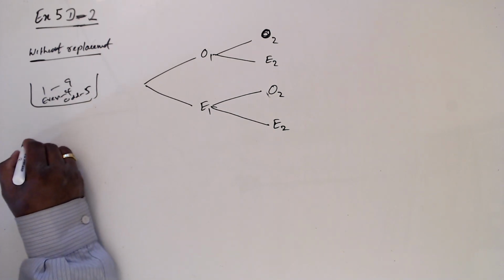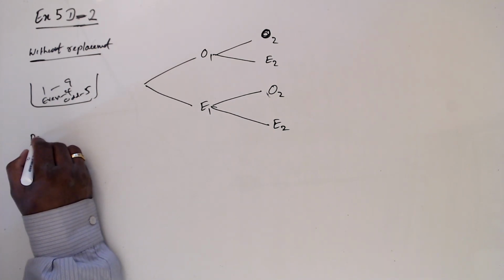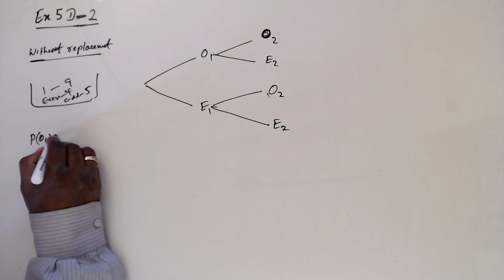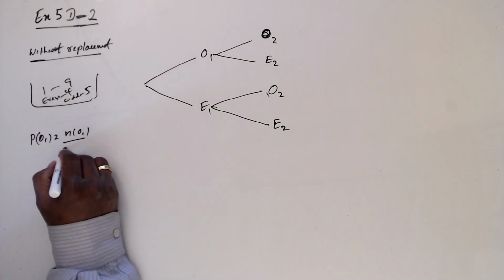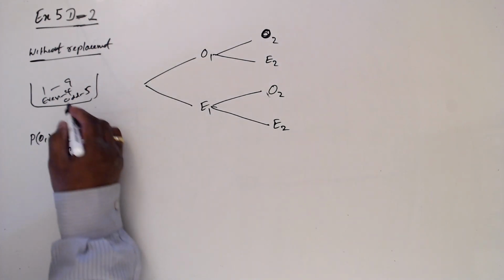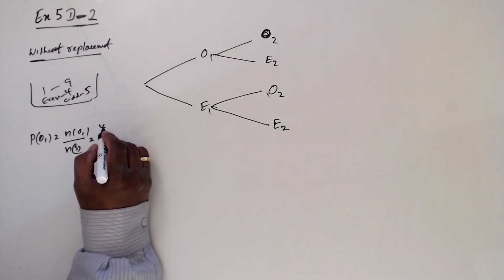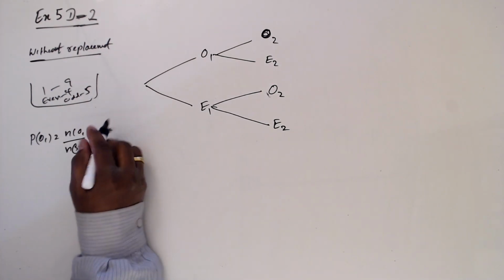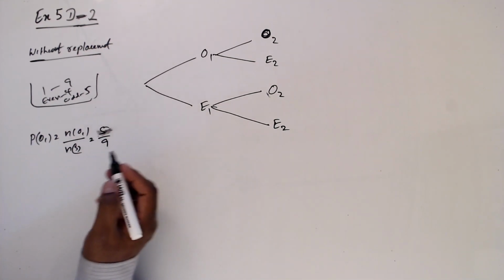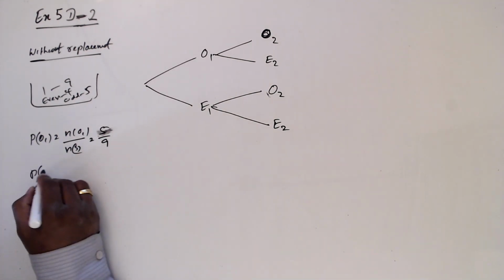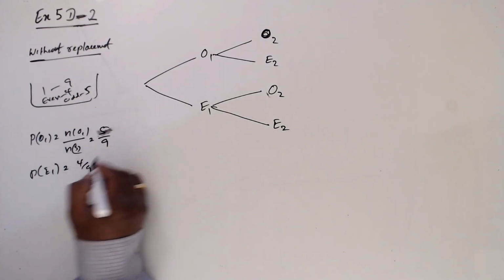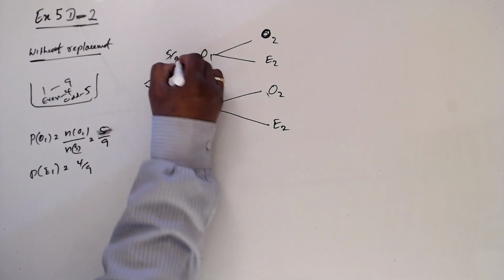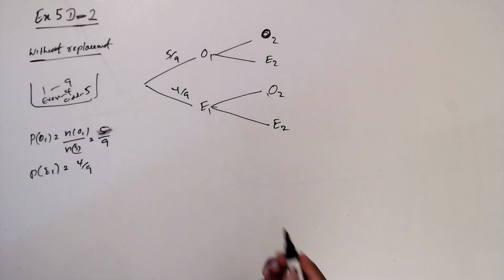First taking probability: PO1 is NO1 over NS. That is going to be 5 out of 9. And PE1 you will get like this, 4 out of 9. So this is 5 out of 9, this is 4 out of 9.